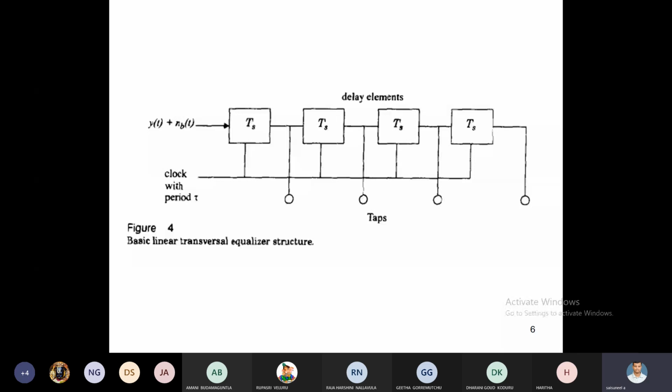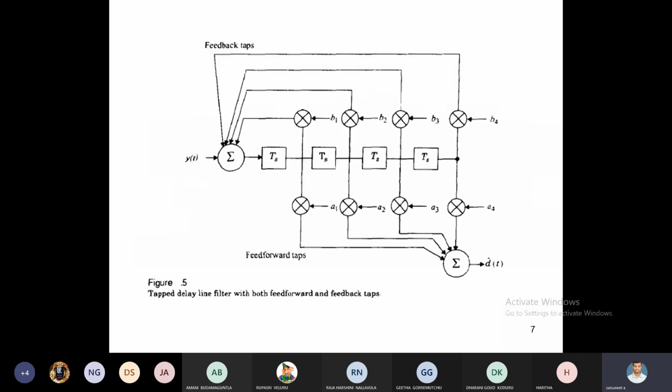Similarly, the second type is based upon a tap delay line filter with both feedback and feed forward taps. This is the non-linear one. It is similar to the previous one, but here we are applying feedback after the tap. First, y of t is the input to the equalizer, given to the first delay element TS.